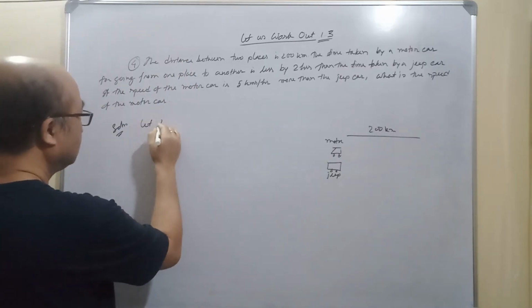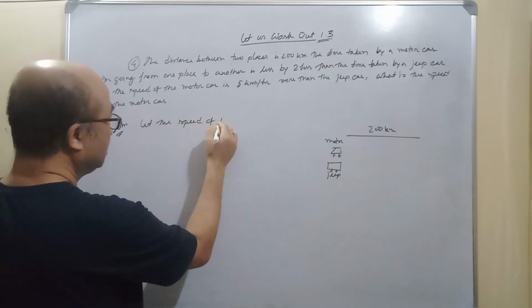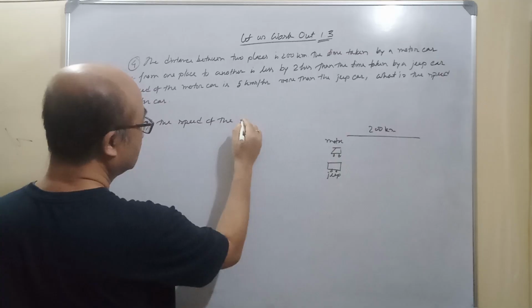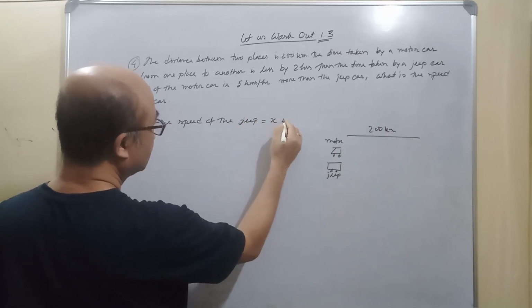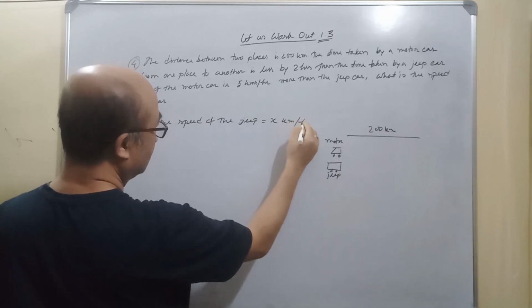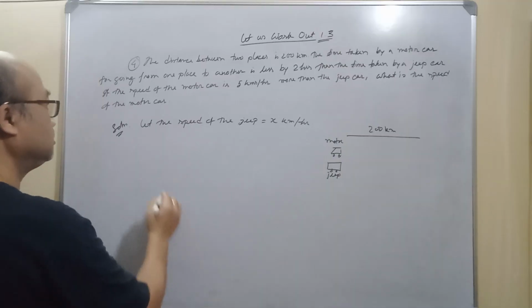So speed of the jeep is x km per hour. Okay.